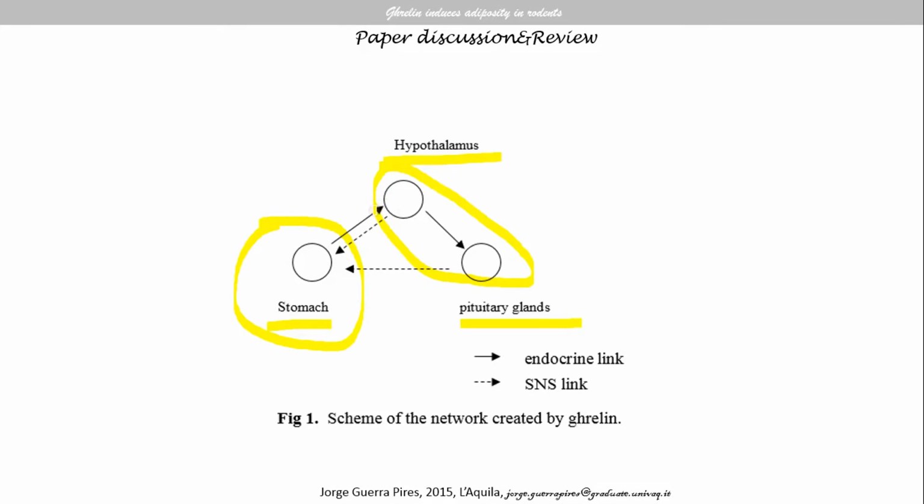What is not yet quite answered, neither by the paper nor by the literature, is how this control of the hypothalamus by ghrelin can influence your metabolism. Is it by the central nervous system? Is it by direct control of ghrelin? It's not yet completely clear how this influence is created.